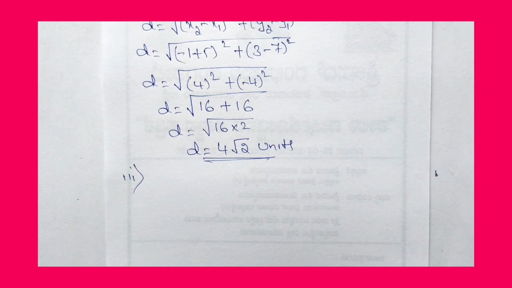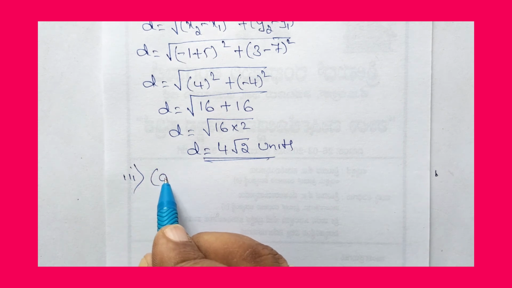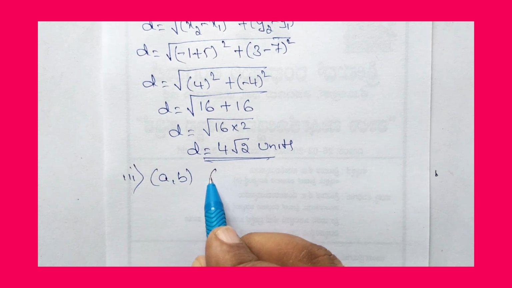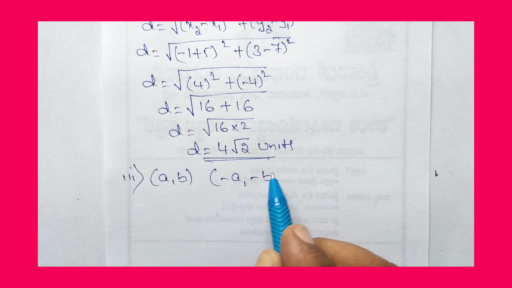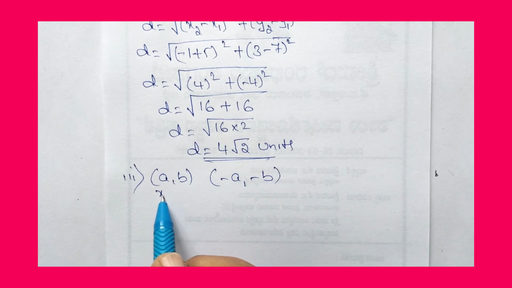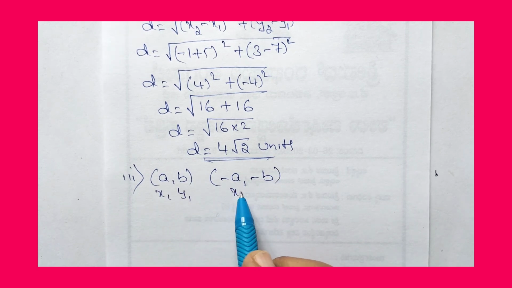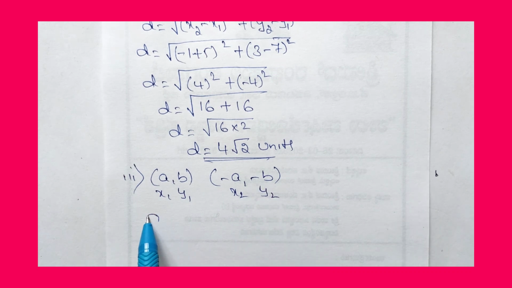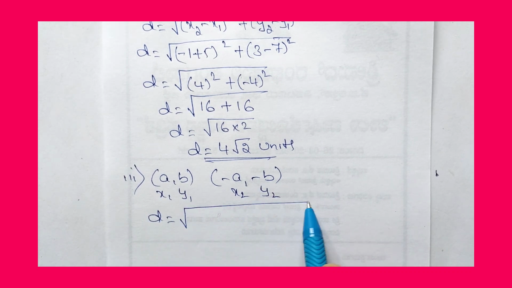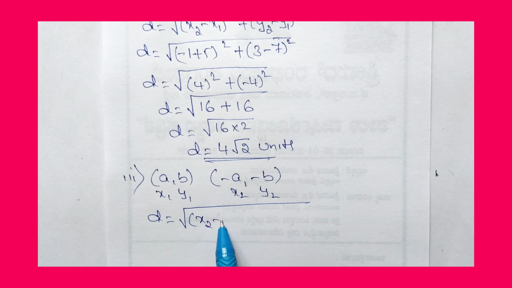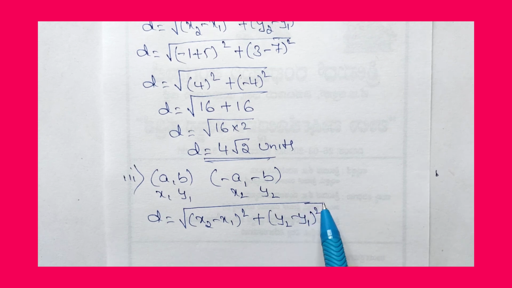So in the third question they have given the coordinates of 2 points are a comma b and minus a comma minus b. So this is x1 y1 and this is x2 y2. So let us find out d. d is equal to square root of x2 minus x1 whole square plus y2 minus y1 whole square.